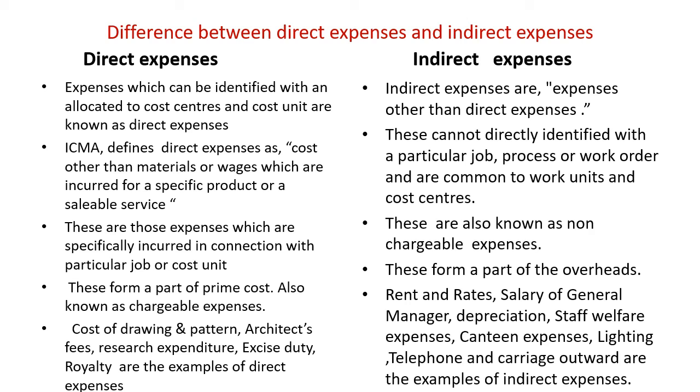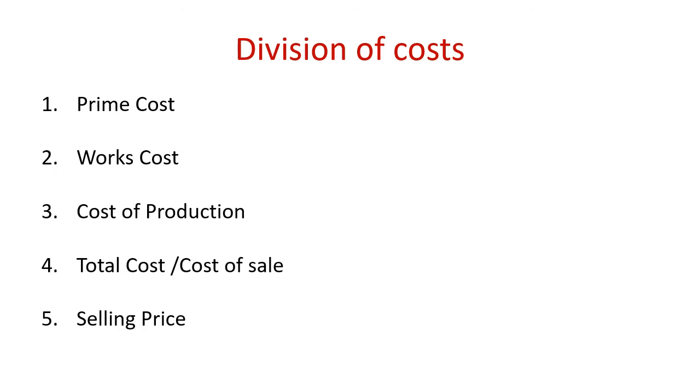These form a part of the overhead. Rent and rates, salary of general manager, depreciation, staff welfare expenses, canteen expenses, lighting, telephone, and carriage outward are the examples of indirect expenses. So we see the difference between direct and indirect expenses.